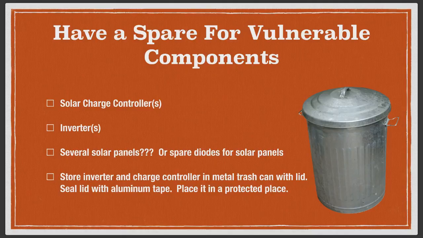And small-scale tests seem to indicate that the trash can would be far less effective if you didn't seal the lid with aluminum tape or some sort of metal tape like that. And then I'd like to see you put that trash can down in your basement or in a metal garage or something like that to add some additional protection.